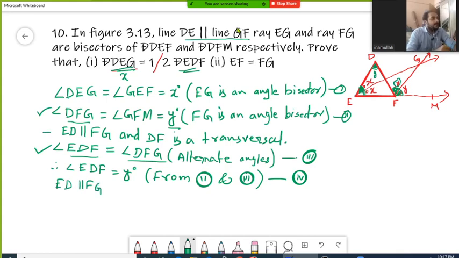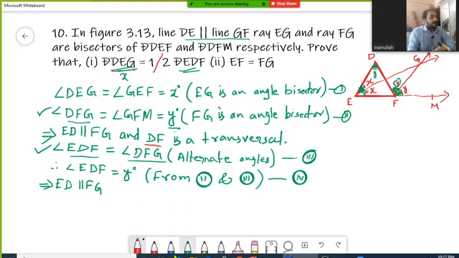You can have a look at this. I already took ED parallel with FG. I'm going to take ED parallel with FG, but this time I'm going to change the transversal. Remember that. Here we have taken DF as transversal, but this time I'm going to take EF as a transversal.